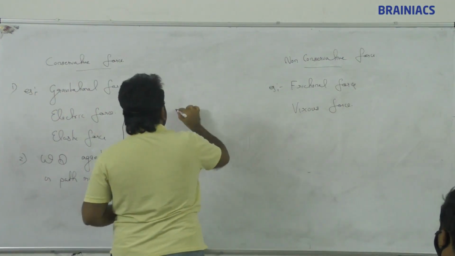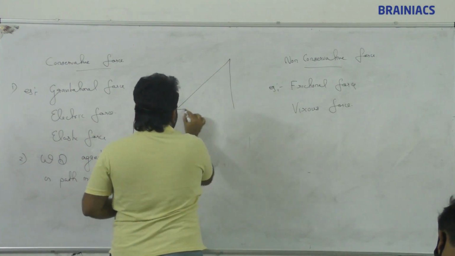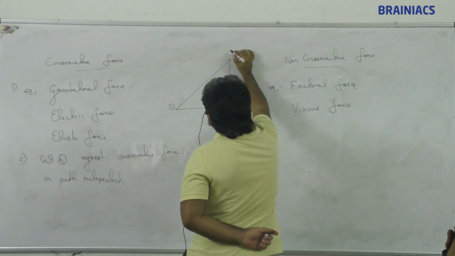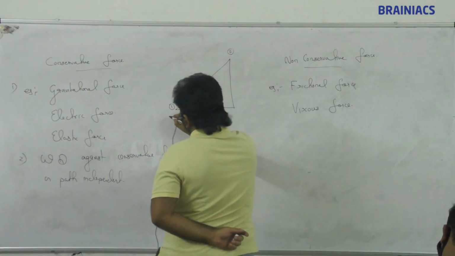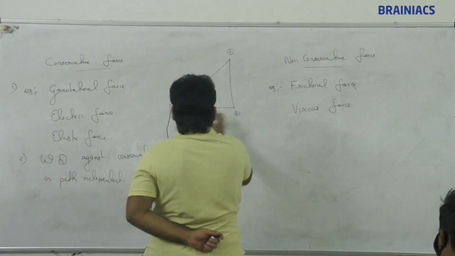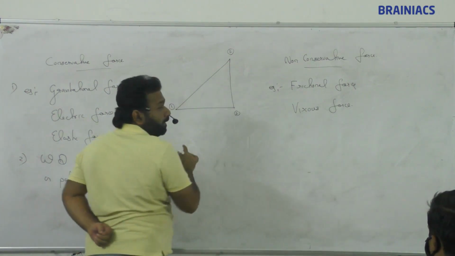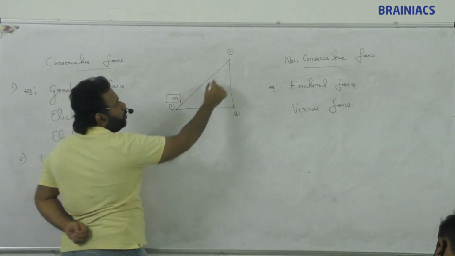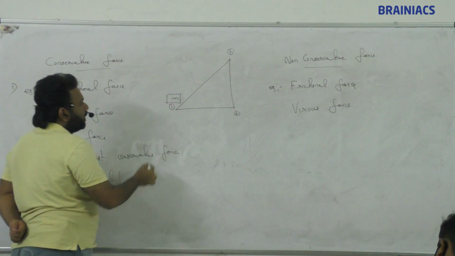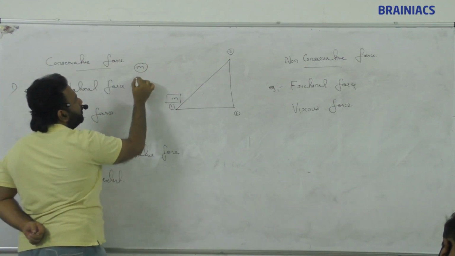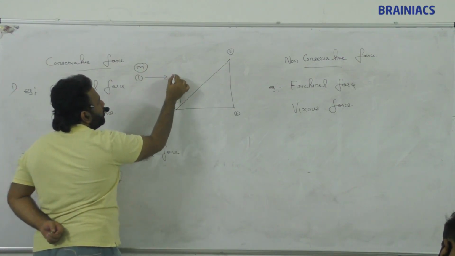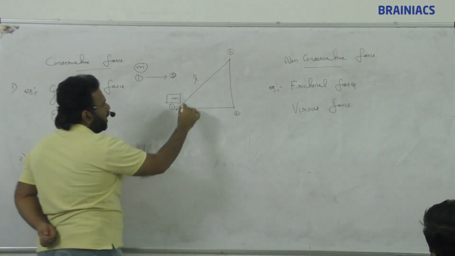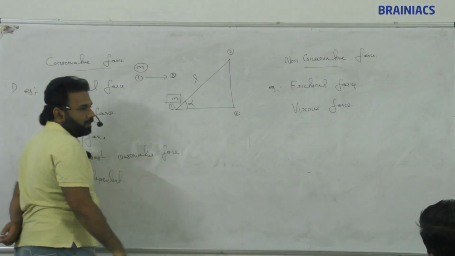Say for example, this is one position and this is another position, 1, 2, 3. I need to take a mass from position 1 to position 2. Suppose this length is L and this angle is alpha.